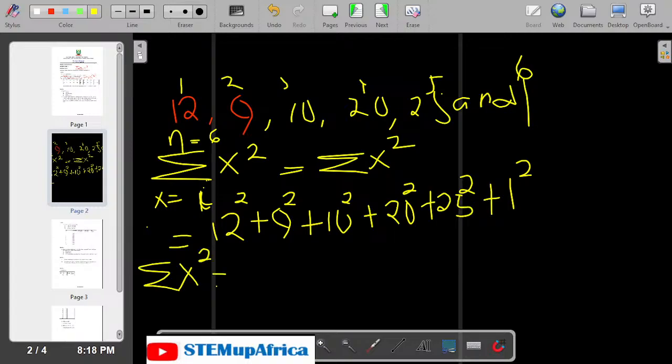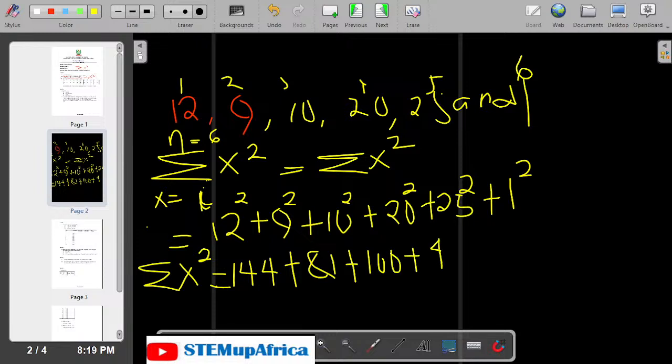The next thing you need to do is use your calculator to check each of them. 12 squared gives us 144, plus 9 squared gives us 81, plus 10 squared is 100, plus 20 squared is 400, plus 25 squared is 625, plus 1 squared is 1.